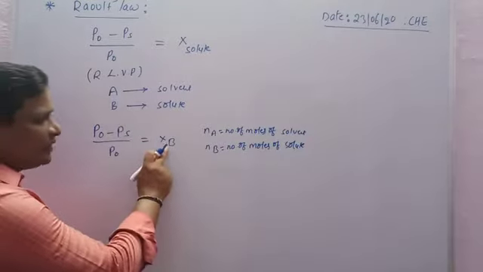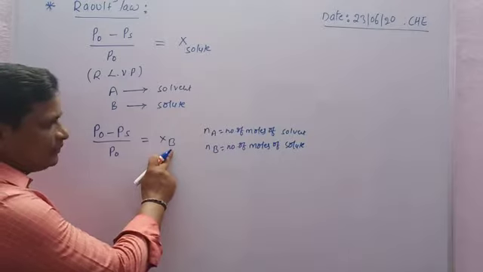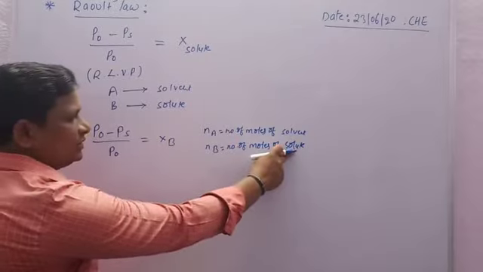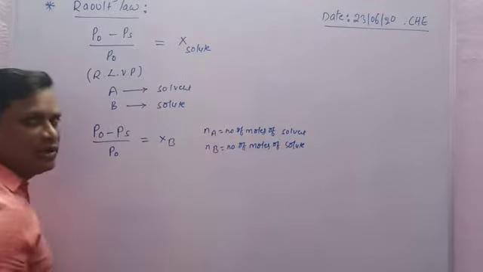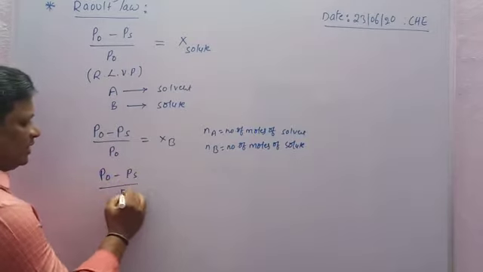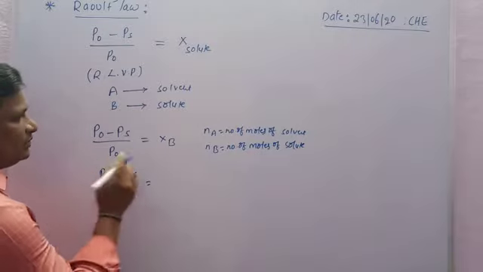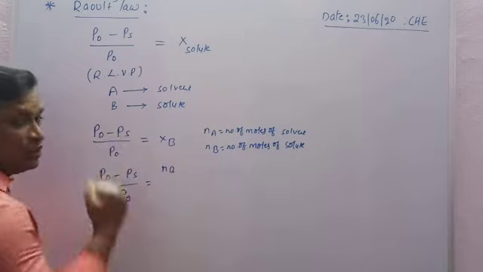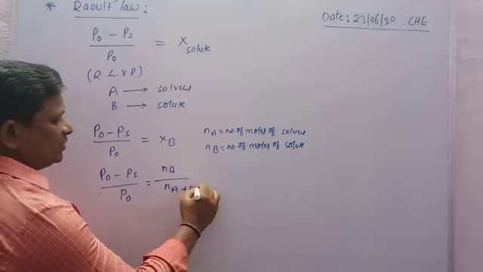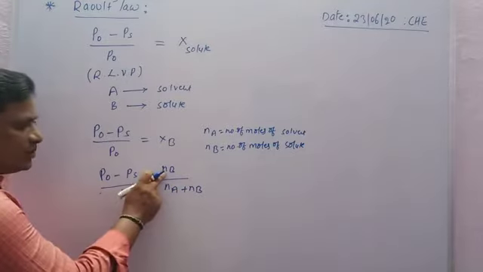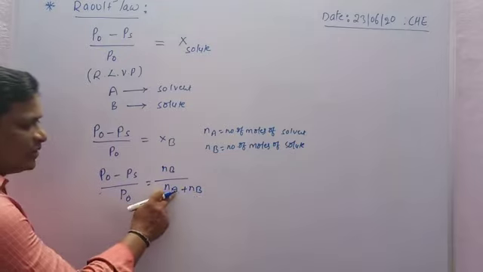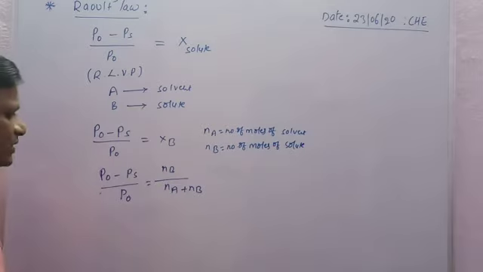So Xb, the mole fraction of solute, equals the number of moles of solute by the total number of moles, that is, number of moles of solute plus number of moles of solvent. So P naught minus Ps by P naught equals Nb by Na plus Nb.